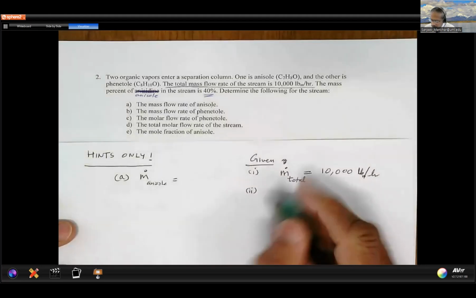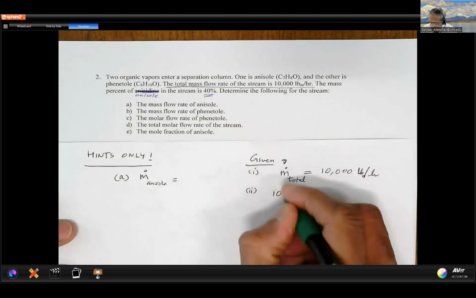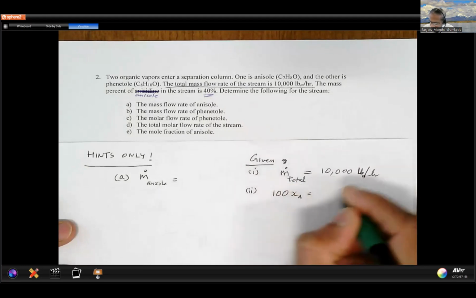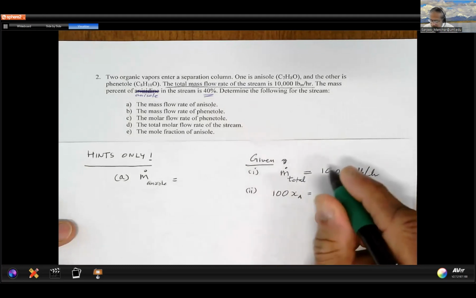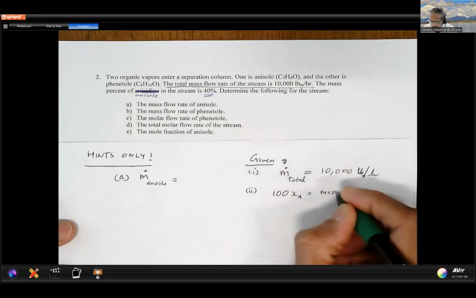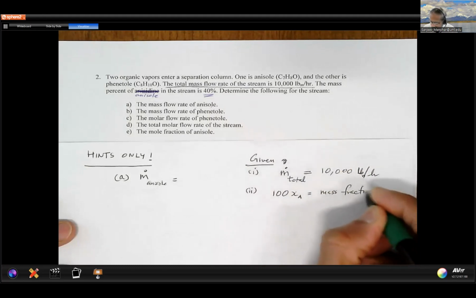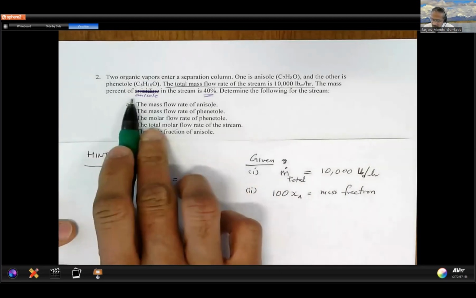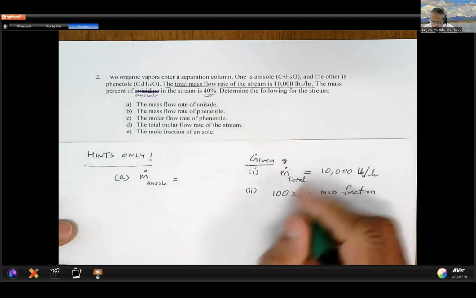So 100%, X-A is the mass fraction. For anisole, it's 40%.